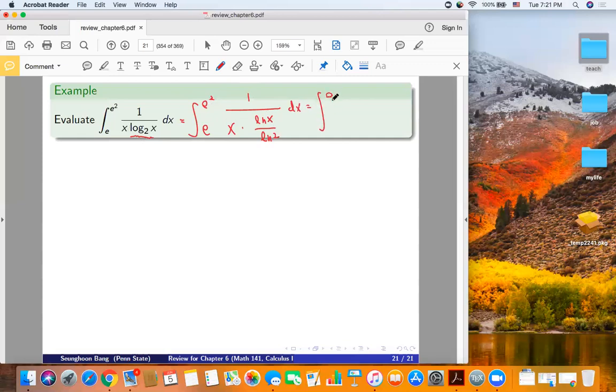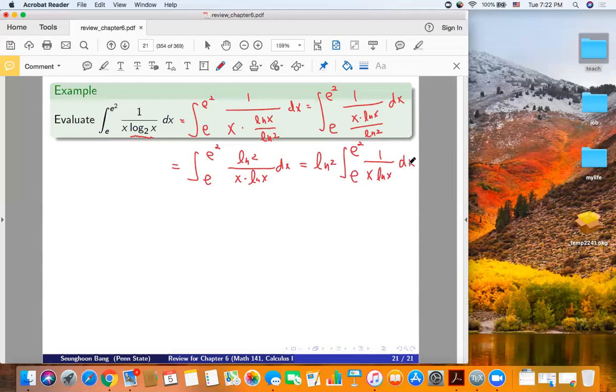This is the same as the integral from e to e square of 1 over x times ln of x over ln of 2 dx. This is the same as the integral from e to e square, the reciprocal only: ln of 2 over x times ln of x dx. The next step, take out the coefficient ln of 2: ln of 2 times the integral from e to e square of 1 over x times ln of x dx. So this is the whole idea for solving this problem.